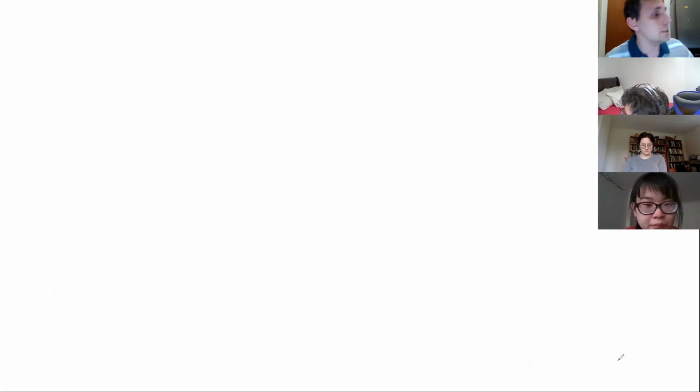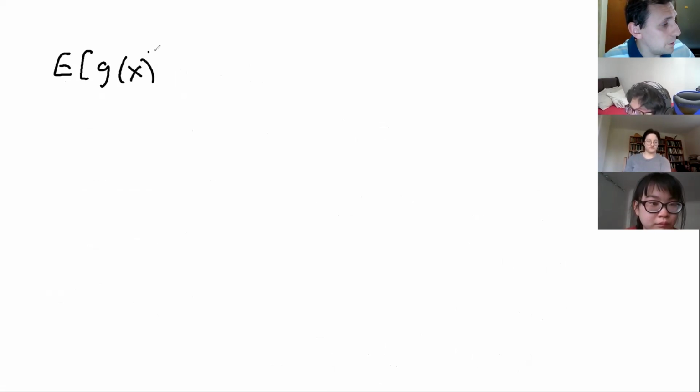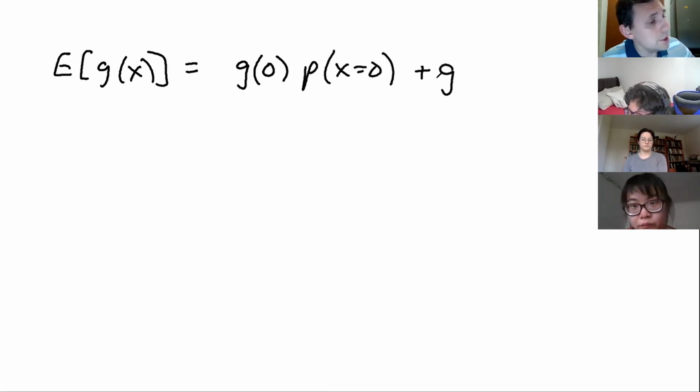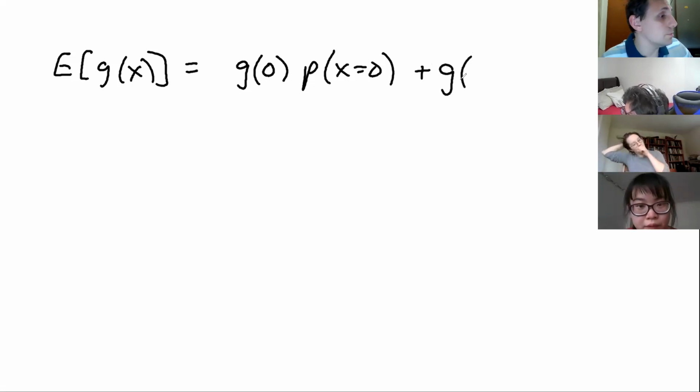Another way is to just add up the expected value based on the individual outcomes. So the other way to calculate the expected value of g of X is to take g of X where X is equal to 0 times the probability where X is equal to 0, plus g where X is equal to, what was X equal to?